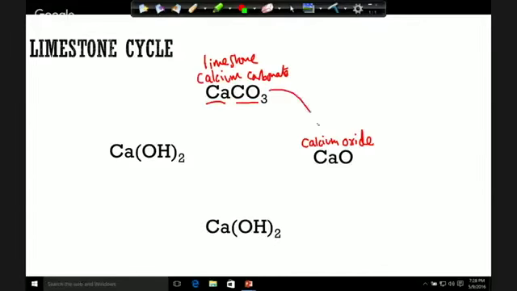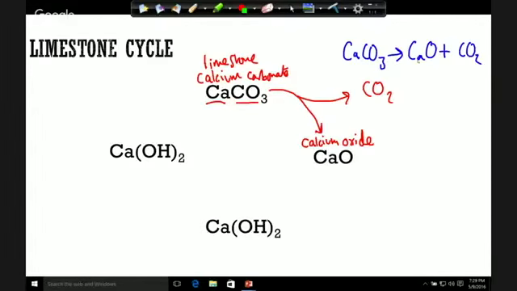Because if we break down calcium carbonate into calcium oxide, hopefully you can see that we've used up 1 calcium atom, 1 oxygen atom. So we're going to be left with carbon dioxide because we've got a C and 2 O's left. So the reaction that we've actually got taking place is calcium carbonate breaks down into calcium oxide plus carbon dioxide.